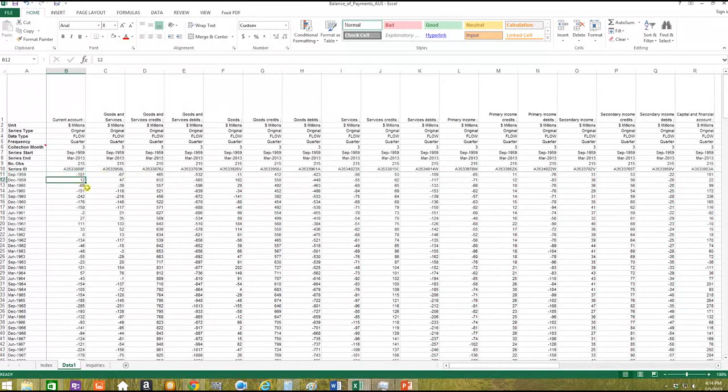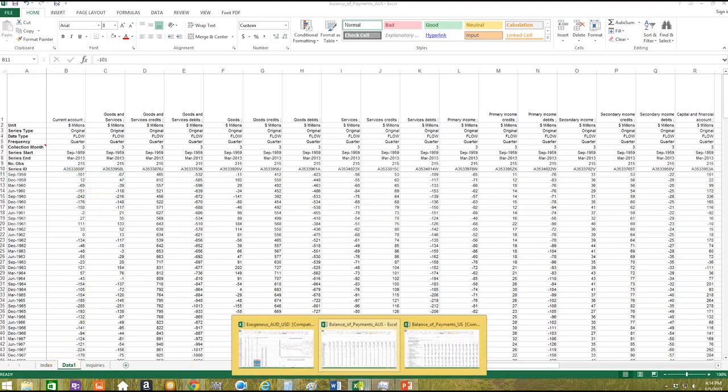Do bear in mind, a lot of the time this can be a little bit tricky because you have to play around with quarterly and annual data, but also you have to sometimes flip the data from being available horizontally to vertically. So it's all pretty straightforward. If you want to learn how to do that with Excel, there's plenty of free resources online.